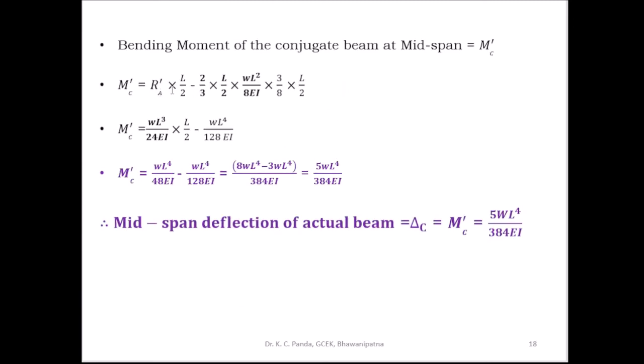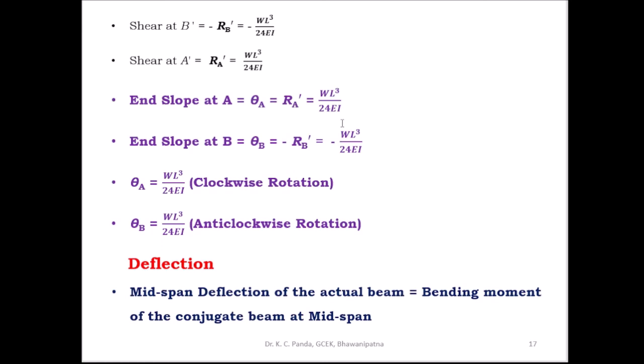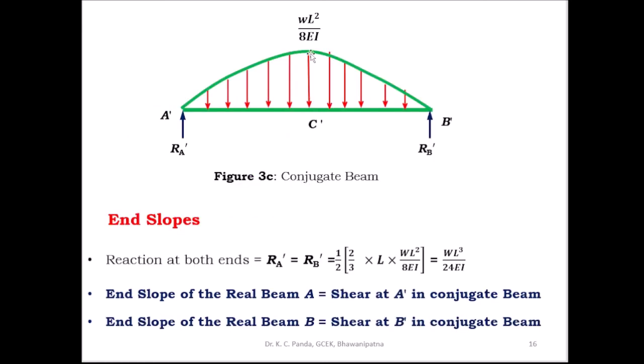So this is RA dash into L by 2 minus 2/3 into L by 2 into WL square by 8 EI into the centroidal distance. The centroidal distance of this parabola is equal to 3 by 8 into L by 2. From the centroid to this section, this is the length L by 2, and here you have to take 3 by 8 into L by 2. This is the centroidal distance of this area.